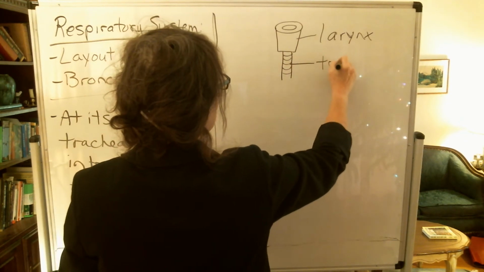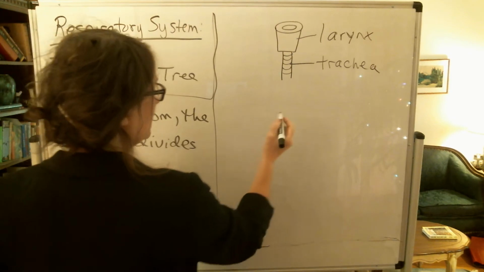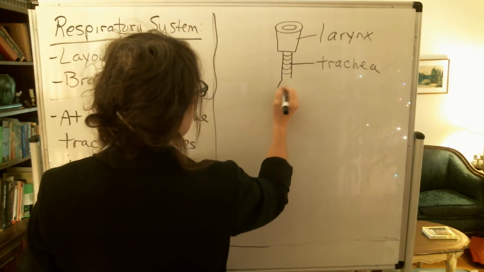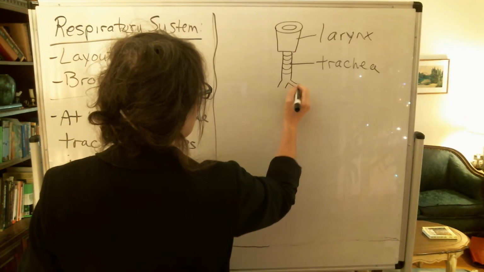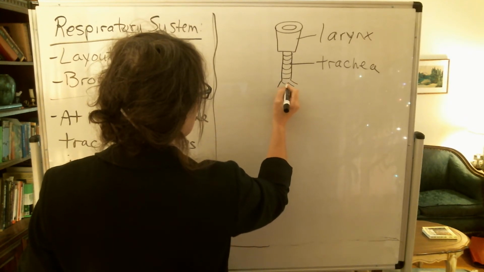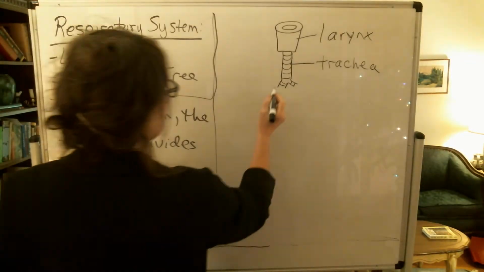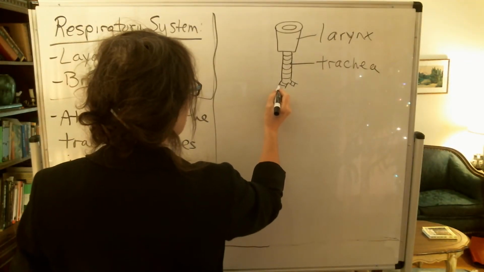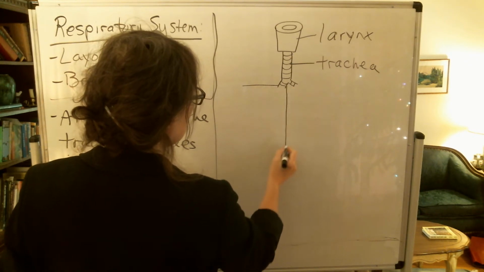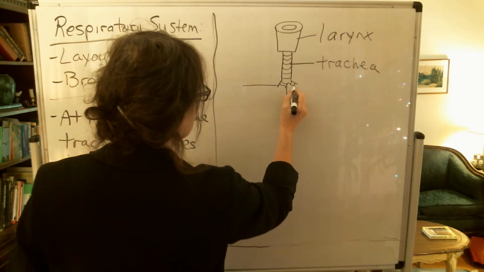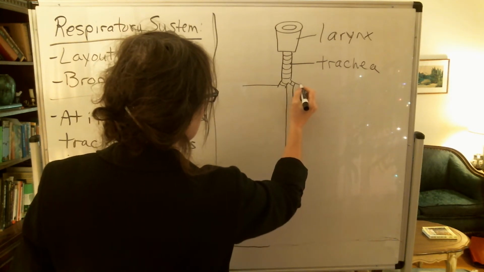So here we have the trachea, and then we have the two primary bronchi, which also have rings of cartilage like that. And they then dive into the lungs, which I'm drawing now.